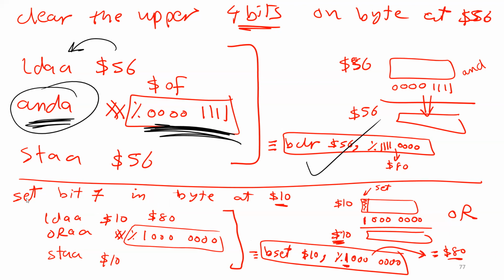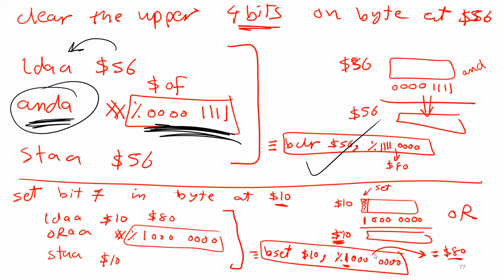Bit 7, I want to set bit 7 in the byte at 10. So this is one way I can do it. Bit set, 10, and then 1 0 0 0, as you see here. This instruction sets the most significant bit of the byte at location 10, with no changes to the other bits.